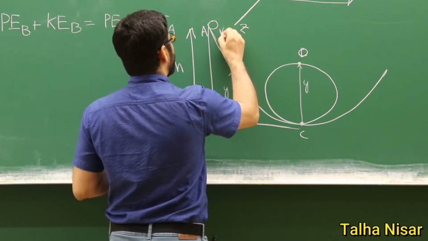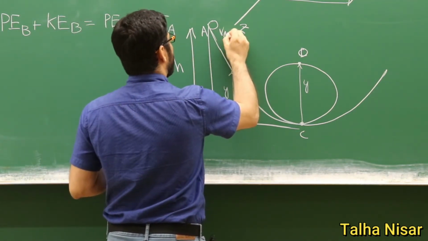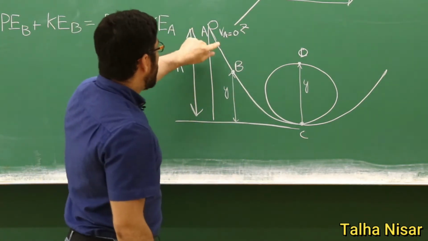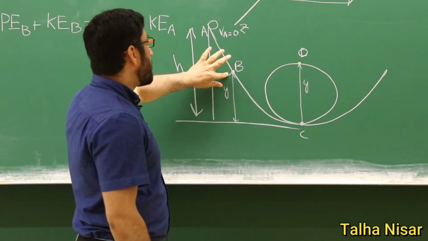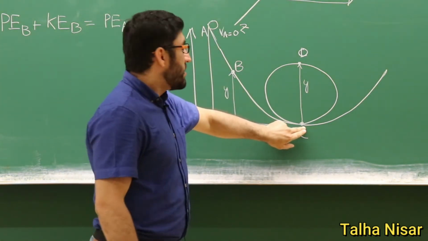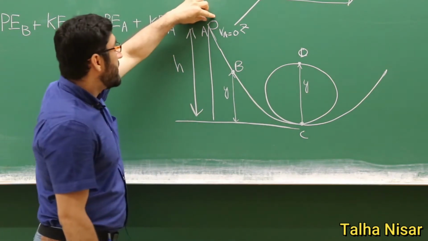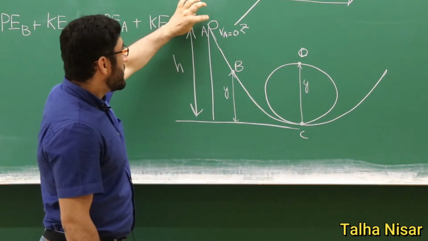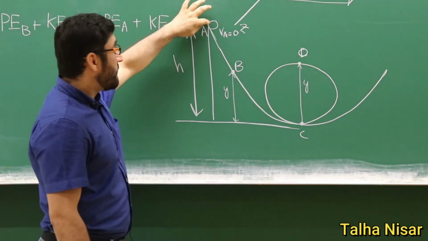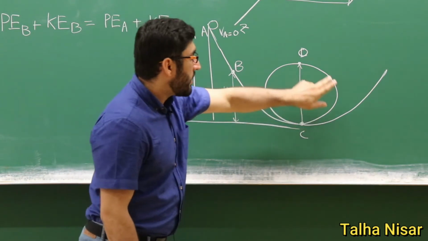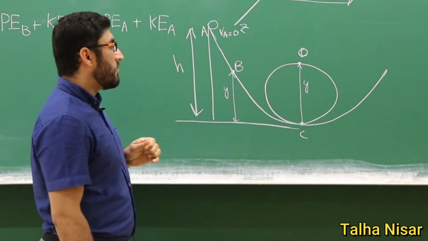So the velocity is equal to 0 here, and the velocity at point B is not 0, so it's greater than 0, and this is maximum here. So when we let this ball go, it will gain some kinetic energy, so the velocity will increase from 0, and then it will be maximum here, and then it will go up, and it will go like this.